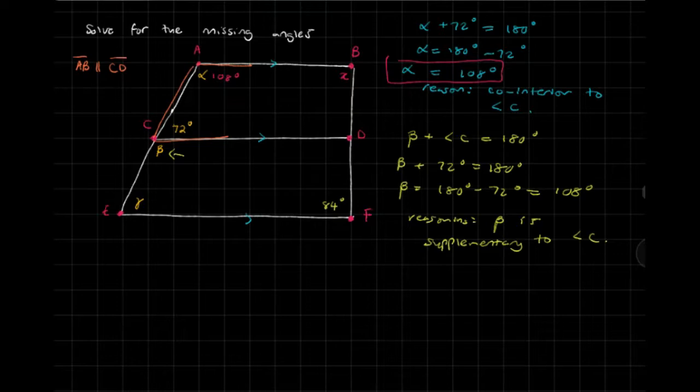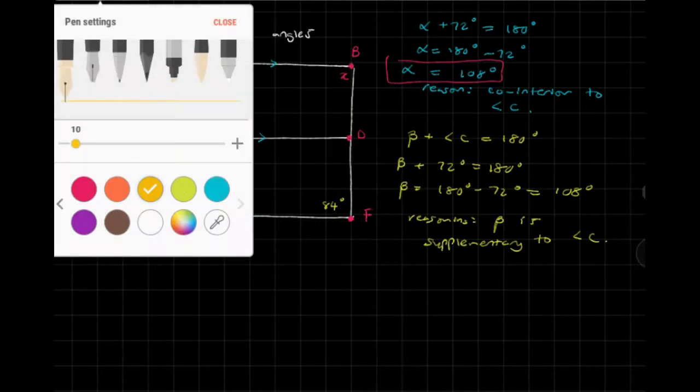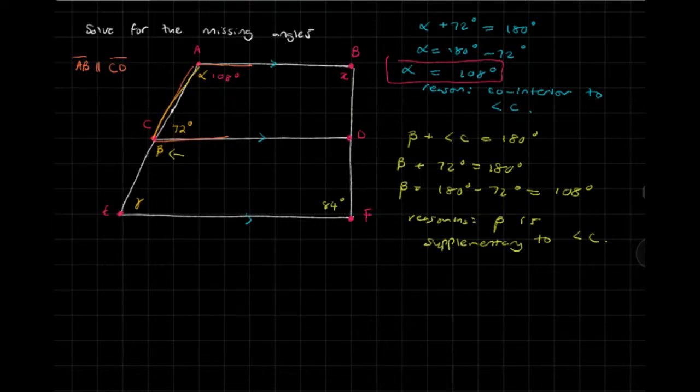Now another way you can look at this, and you'll get the right answer this way as well: if you look at this closely, you can see that CD is parallel to AB, and you create this F pattern, right? And you can see that alpha and beta are examples of corresponding angles. So you can also say alpha should be equal to beta, and therefore beta should be equal to 108 degrees because beta is corresponding to alpha.